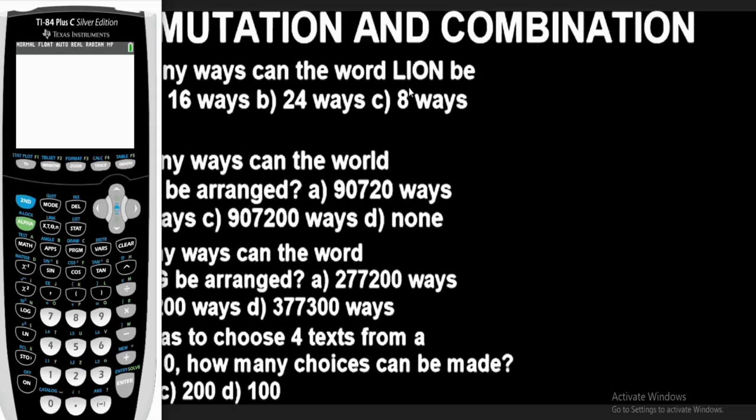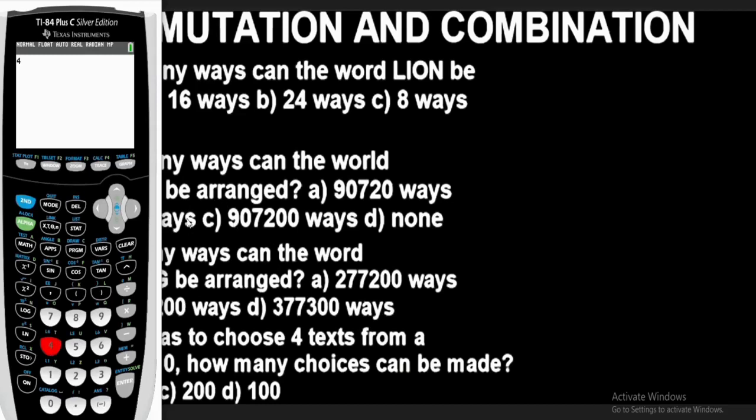Since each of the letters that make it up is distinct, it's going to be 4 permutation.